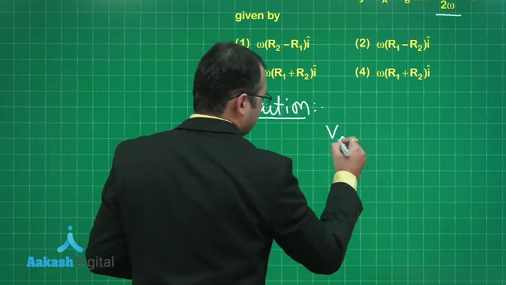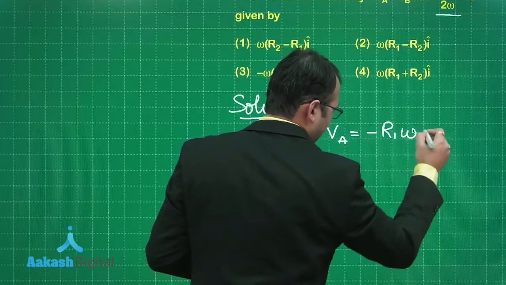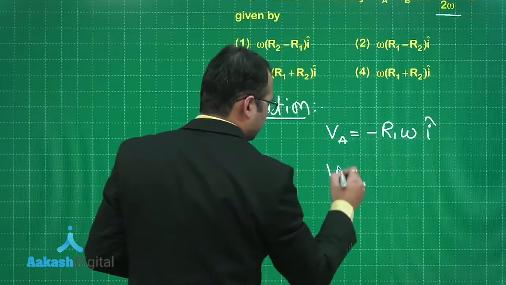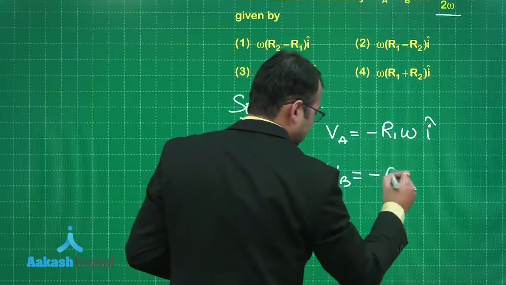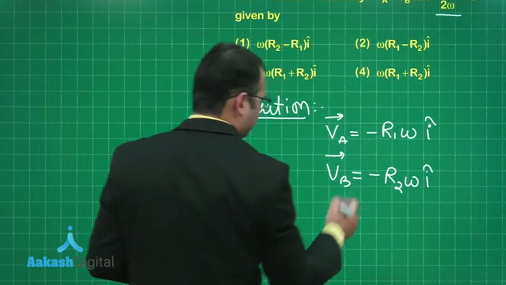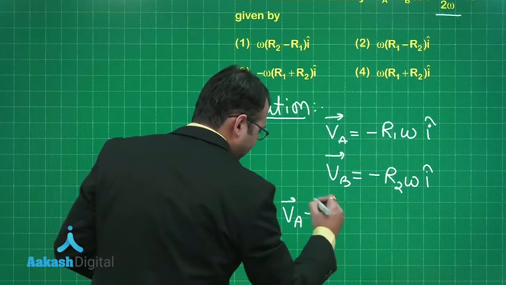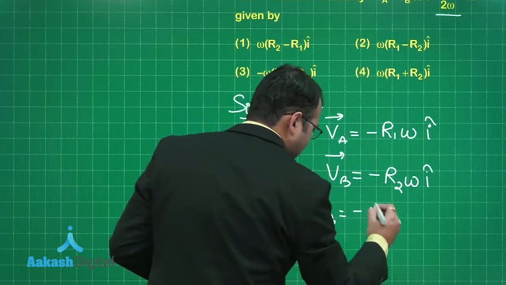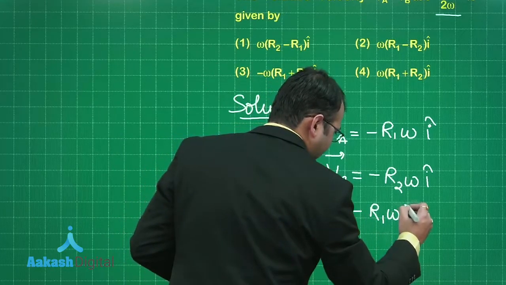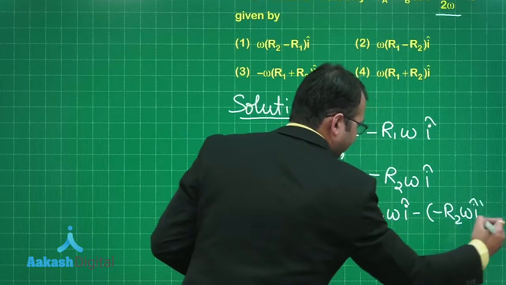As per our analysis, VA is minus R1 omega i cap, and velocity VB would be equal to minus R2 omega i cap, and both are in vectorial form. When you want to find the relative velocity of A with respect to B, you will write it as minus of R1 omega i cap minus of minus R2 omega i cap.